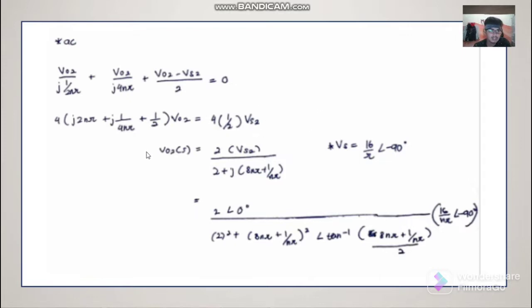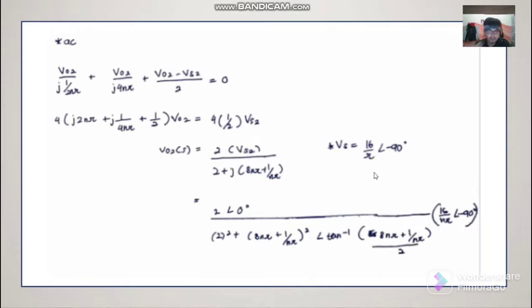Next, we have to find VO2(S), which will be equal to 2 VS2 over 2 plus j in bracket 8n pi plus 1 over n pi. So VS will be equal to 16 over n pi angle negative 90 degrees.